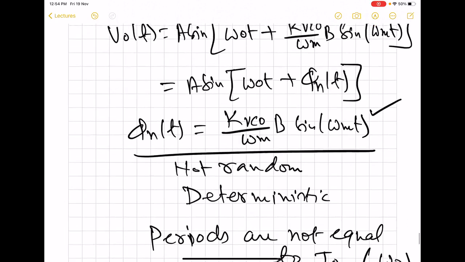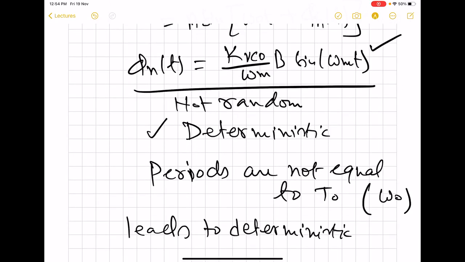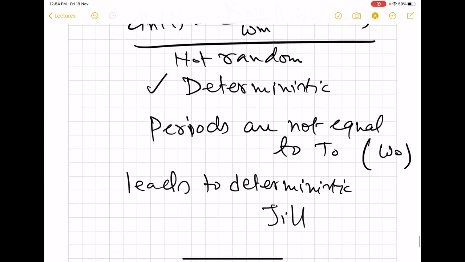But in this case, since this non-ideality is given by a deterministic signal, this is a deterministic jitter. So this will lead to deterministic jitter.